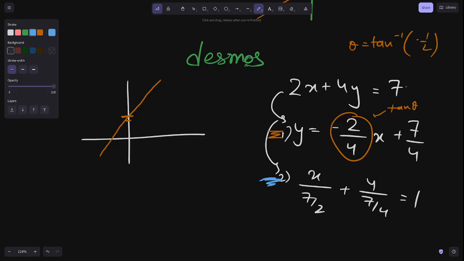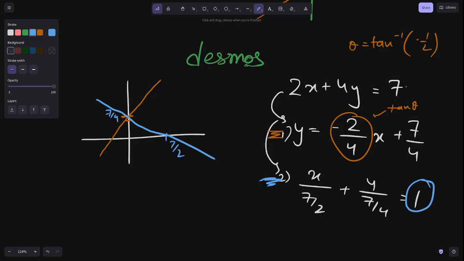Otherwise you can do this: if you arrange the right side as 1, you can put this value 7 by 2 here, and here 7 by 4, it's already 7 by 4 here, right. So you can just draw the line like this, just join those 2 points and that's your line.